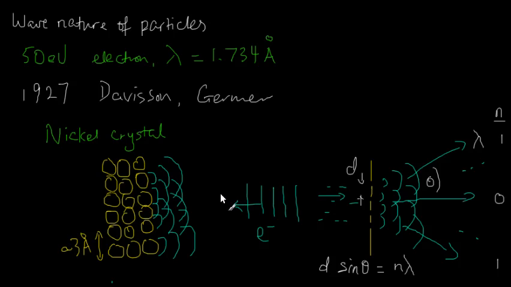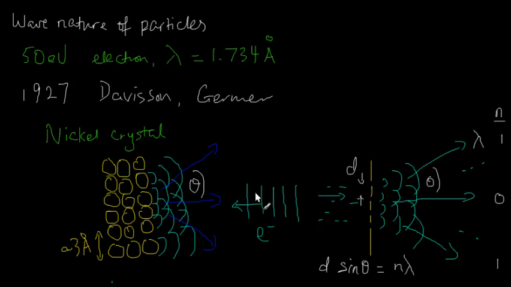Now, if indeed the electrons are waves, then what we would expect to see is that these ripples would interfere and give maybe a fringe in this direction, a fringe in that direction, a fringe in that direction, as we would expect from the diffraction grating, right, at some angle theta apart, and it gives nothing in between.